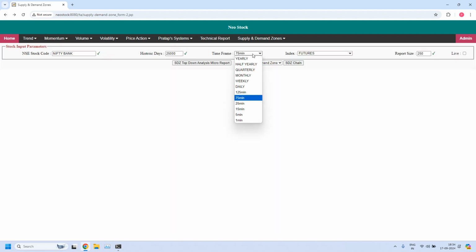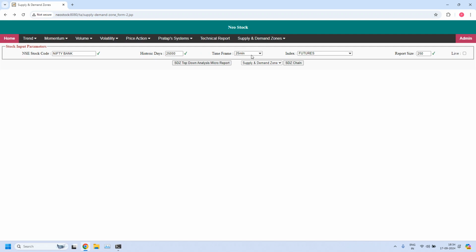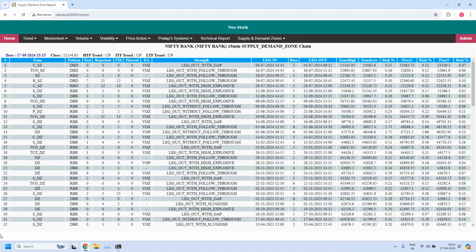And the next time frame is 25 minutes. I am generating 25 minutes supply demand zone chain for BANKNIFTY. Next time frame is 15 minutes. I am generating 15 minutes supply demand zone chain for BANKNIFTY.